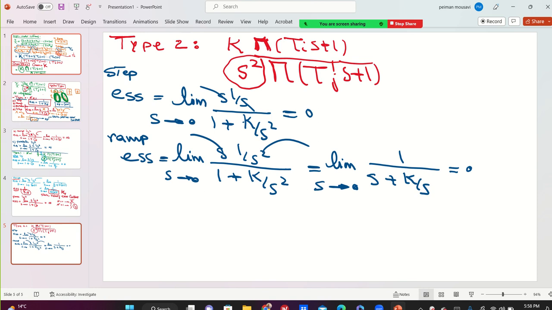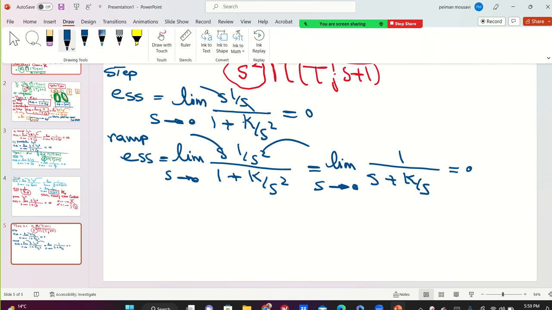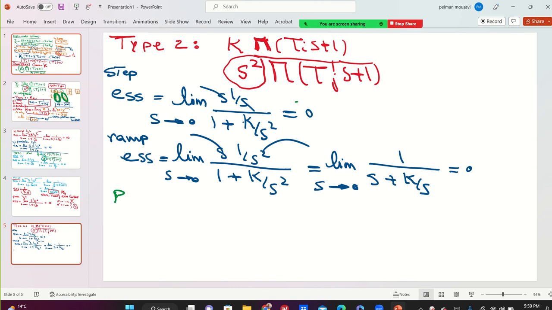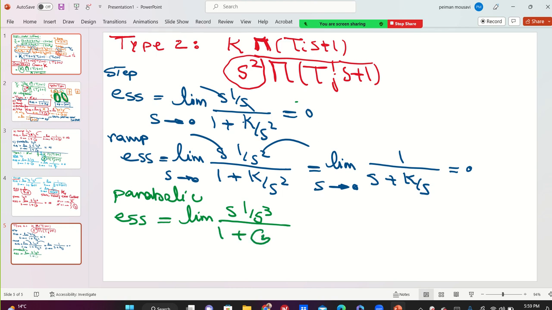Now I'm defining a new parameter again. When you have parabolic input, ESS is the limit of s times 1 over s cubed, over 1 plus G. I'm keeping it like that.